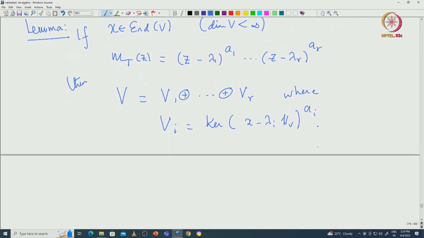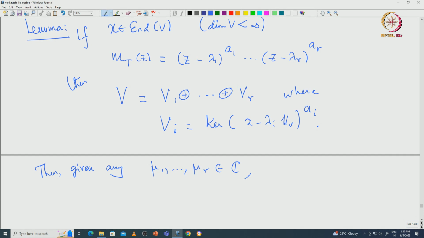So now what are we going to do? We just take some arbitrary complex numbers, call them mu 1 etc., mu r inside the complex numbers. Using these mu 1 etc., mu r, we can construct an operator acting on capital V. We can take some operator, call it T dash, that acts on V i by the scalar mu i.